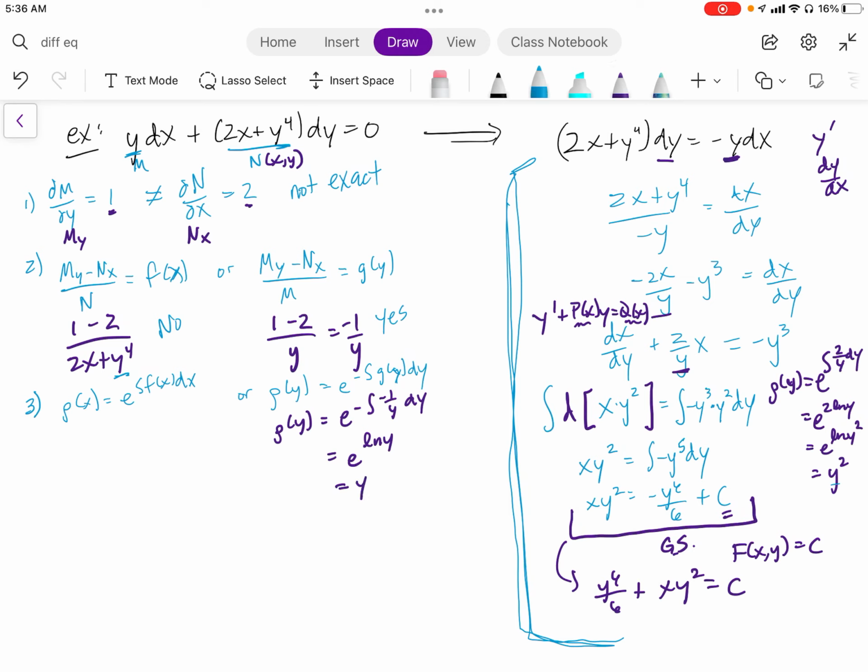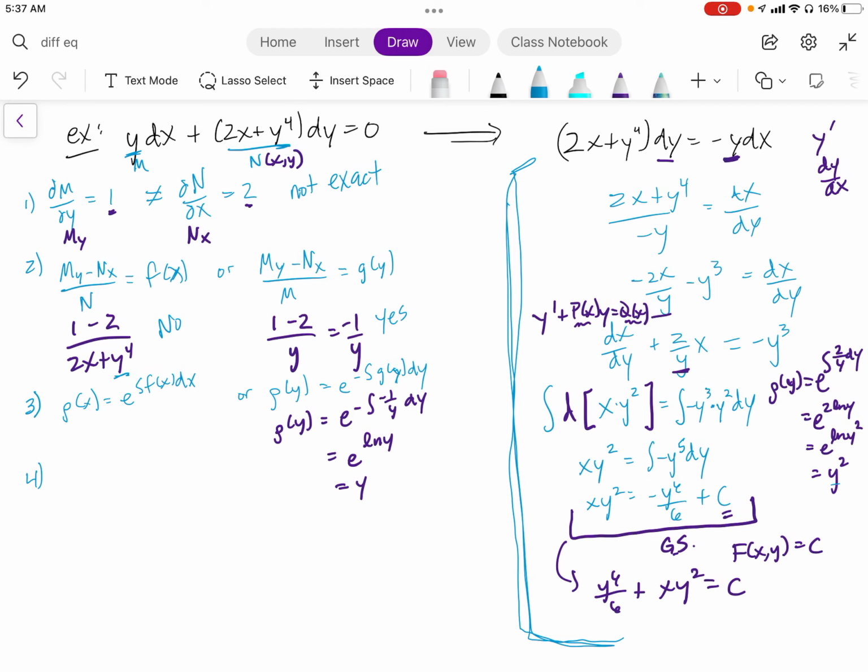All right, step 4. By default, if all this holds up to this point, we will get the differential equation in exact form. I want to go ahead and show that really quick.